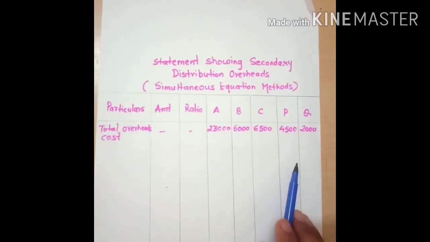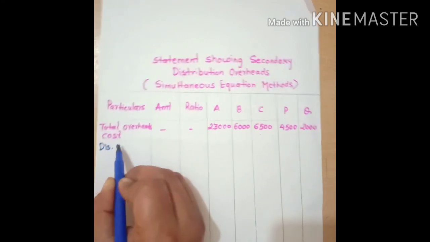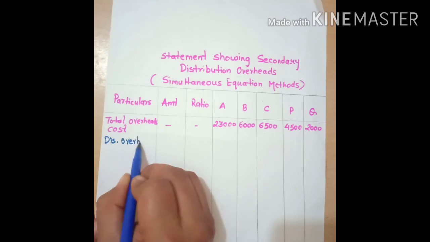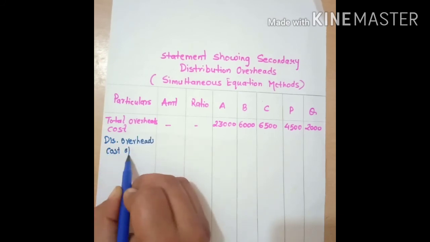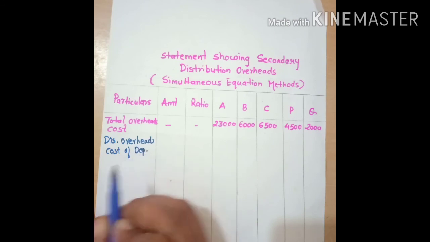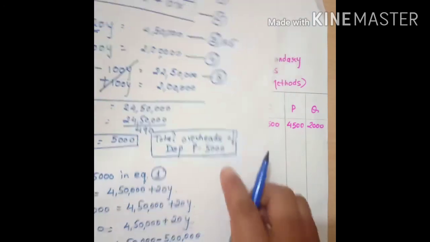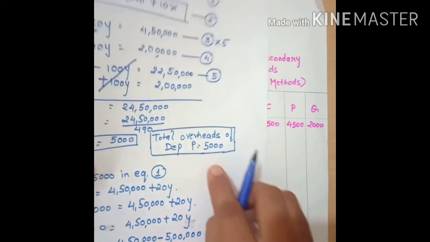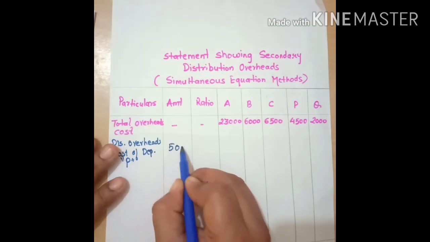We will write here, now distribute the overhead cost of department P. We have calculated the overhead cost of department P. Department P overhead cost is 5,000. So we will write here amount 5,000.